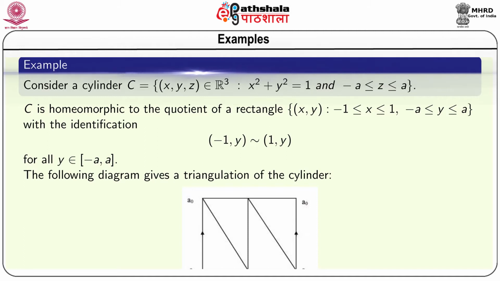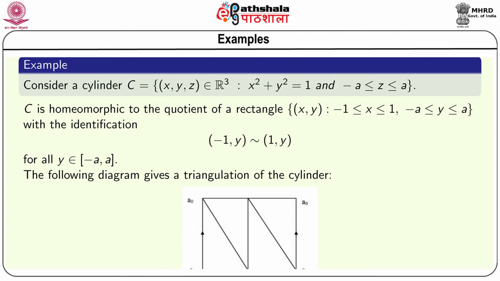Then C is homeomorphic to the quotient of a rectangle (x, y), where x lies between minus 1 and plus 1 and y varies between minus a and plus a, with the identification that the point (minus 1, y) is identified with the point (1, y), where y is any point in the closed interval minus a to a.